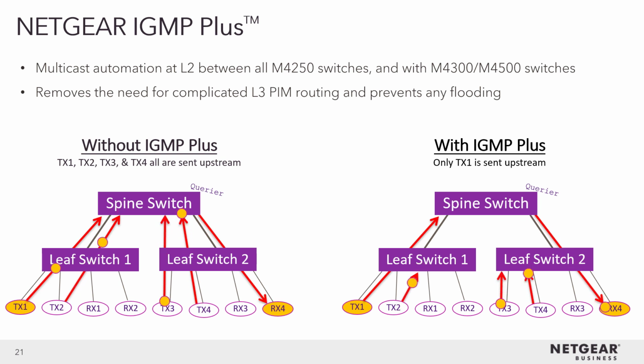But as soon as you have several switches, here we have 3 switches, very simple star topology, the querier must be one switch. Usually that's the core switch. And guess what? With IGMP protocol, all switches send all their multicast to the querier. Dump, right? So that created a lot of flooding problems.